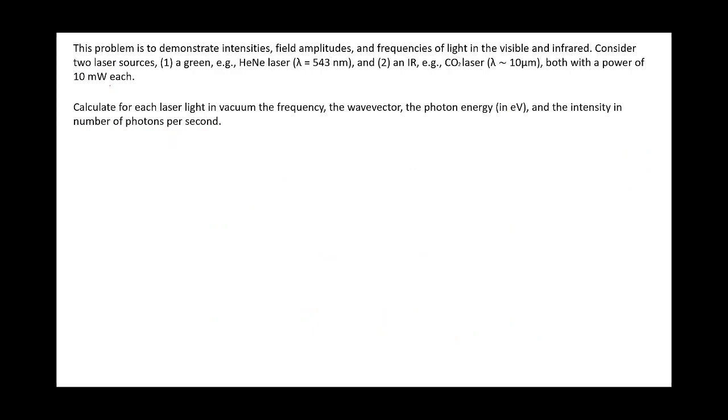So we are given 10 milliwatts. This is 10 millijoules per second, and then you can convert joule to eV. Joule and eV are both units that measure energy. So 1 joule is roughly equal to 6.2 times 10 to the power 18 electron volts.